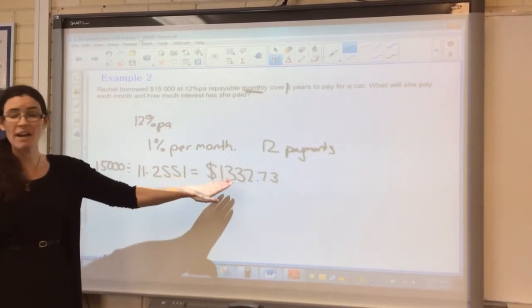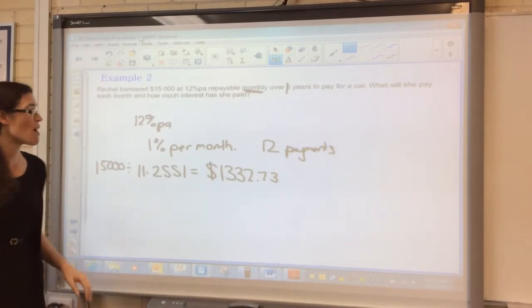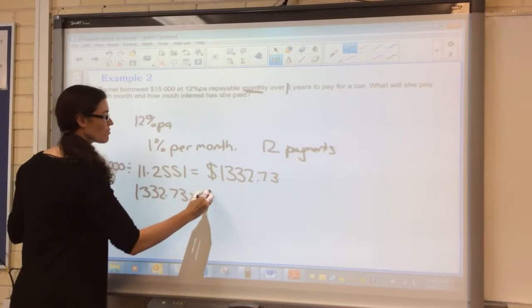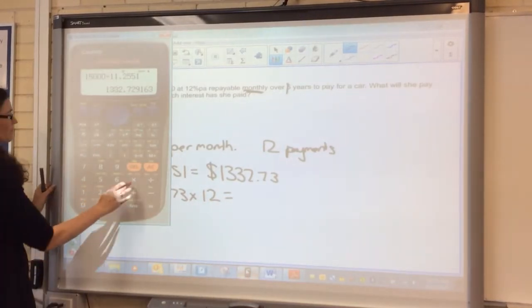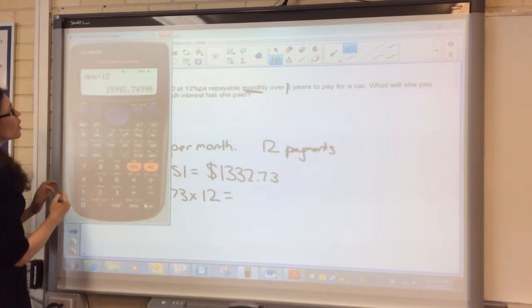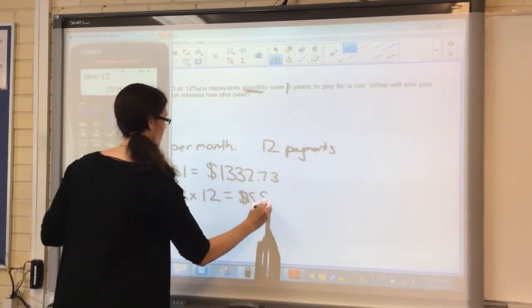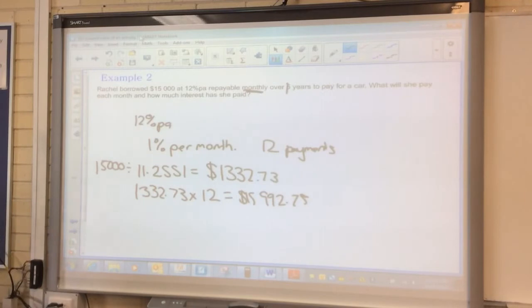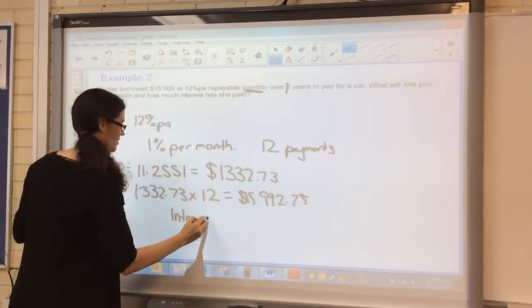So I know that she paid this every month for a year, so she's going to pay that 12 times. 1332.73 is going to be paid 12 times, giving a total of 15,992.75. Then you minus 15,000 to get the interest. The 15,000 was the amount borrowed, so what was the interest?